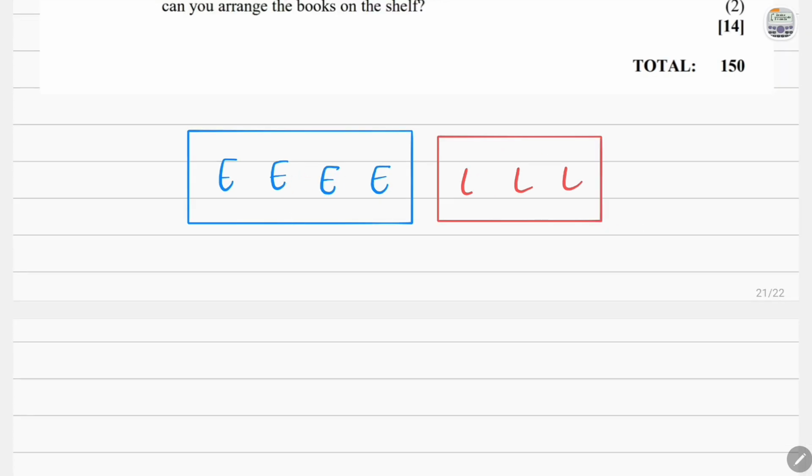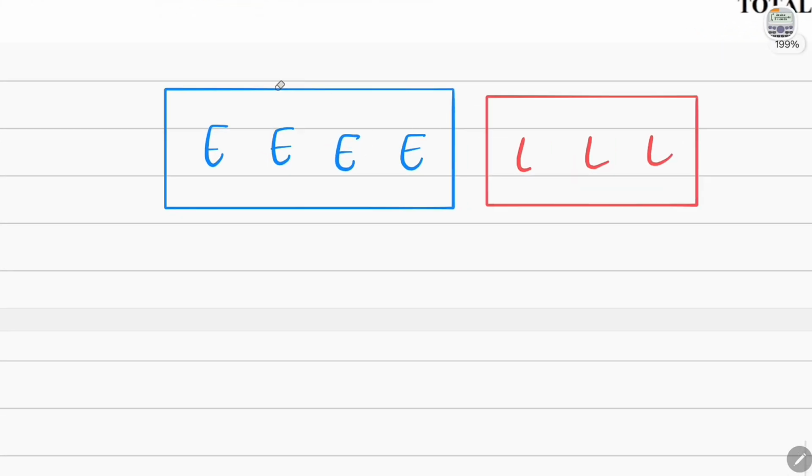So with the economics textbooks, as a group, as this little group of their own here, remember that these 4 books are different books, okay? They're not the same. So it means that as they are like this, the total ways they can be placed in would be 4 factorial. And the reason why is because the first book, again, has how many different places in this little group to be placed in. It could be put here first, okay? It could be put in the second position, the third, or the fourth.